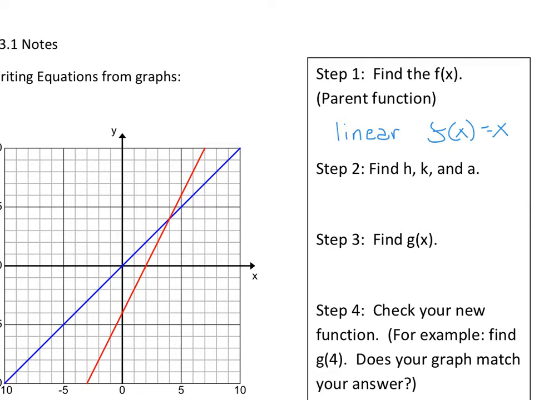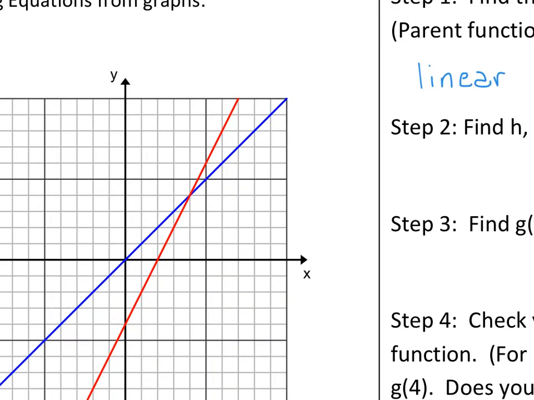Now it says find h, k, and a. So I'm going to pick a point. I'll do a different color just so it makes more sense. I always start at 0, 0. You always want to start at 0, 0. Then we pick another point on the graph and see where it went. You first see if it went to the right or to the left.